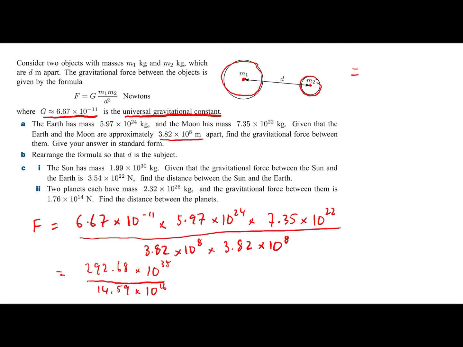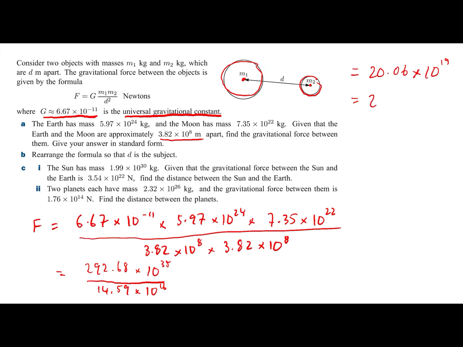Okay, so now I'm just going to go up here and do the division of the numbers, 292.68 divided by 14.59 equals 20.06 times 10 to the power of 35 minus 16 is 19. 10 to the power of 19.